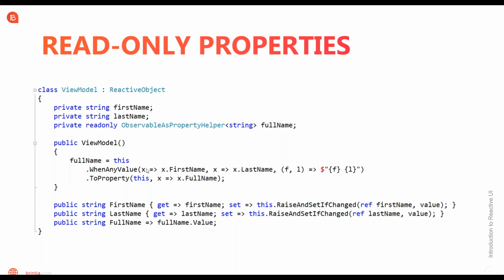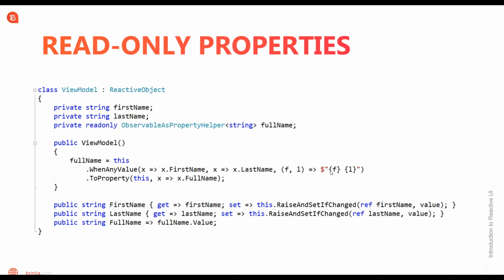We are saying that this third value will be composed of the first name and the last name. So we are taking this value and this value, each element that will be pushed to the observable made from this property. And finally, in the last part, we are providing a lambda expression that takes both the first name and the last name, and we are specifying what we should do with them.